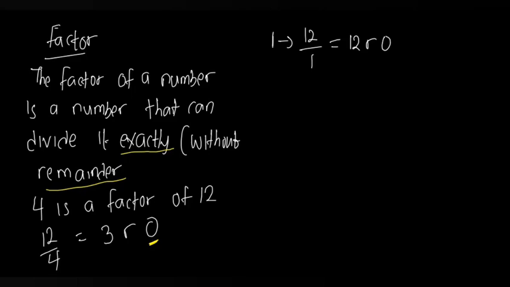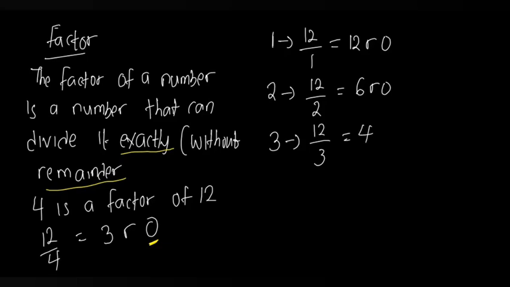Another factor of 12 can be 2, because 12 divided by 2 gives us 6, remainder 0. Another factor is 3, and 12 divided by 3 is 4, remainder 0. Another factor is 6, because 12 divided by 6 gives us 2, remainder 0.